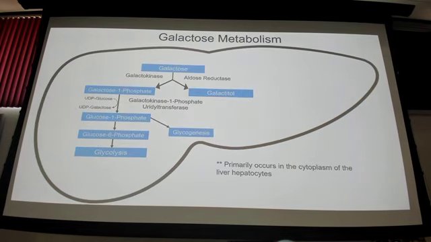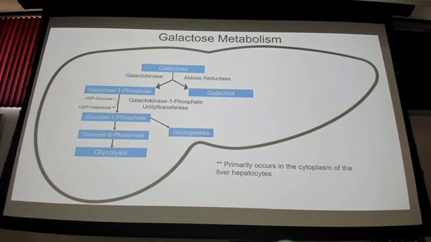Galactose is converted first to glucose 1-phosphate and then glucose 6-phosphate, which will enter glycolysis. Also, galactose can be converted to glucose 1-phosphate, which we will talk about later in this lecture, how that can lead us to glycogenesis, which is the synthesis of glycogen.